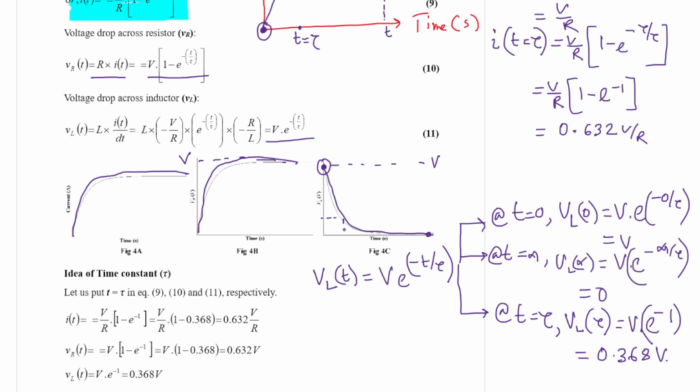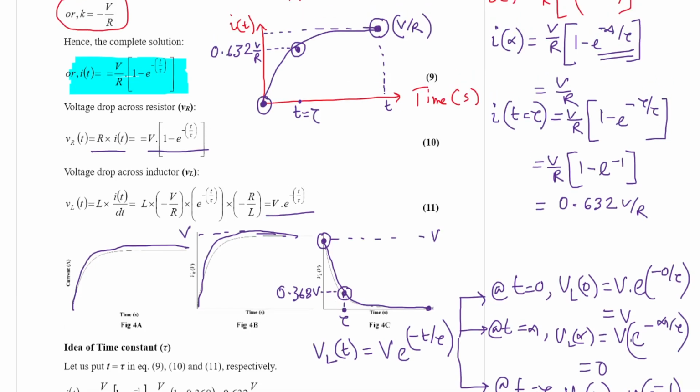Okay, so let us say this is tau, 0.368 V, 36.8%. So if you plot this curve, it will follow this locus.